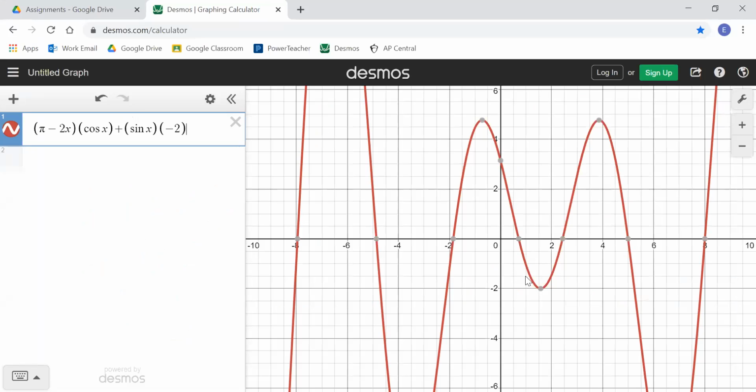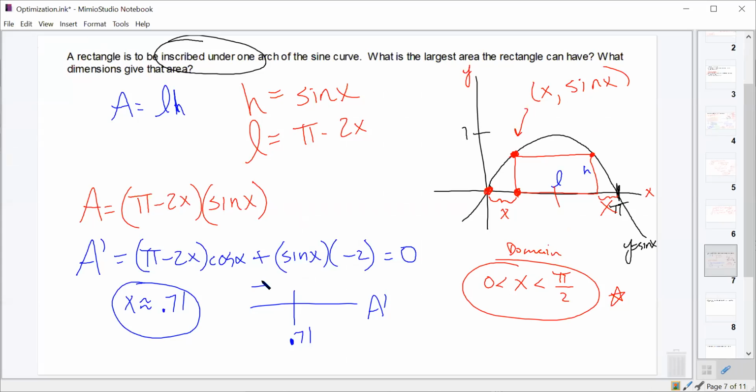And to the right of 0.71, the derivative all the way till pi over 2 is negative. So our derivative goes from positive to negative, telling us the function goes from increasing to decreasing, telling us that we have a max at 0.71. So x is 0.71 gives us a max.